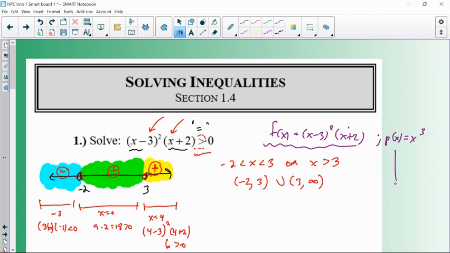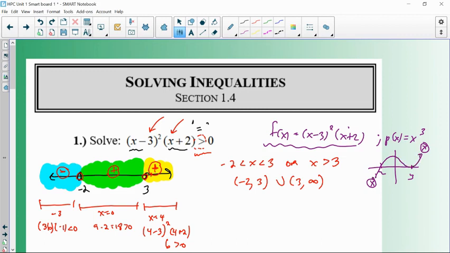That's positive, so a positive x cubed starts here and ends here. My zeros would be 3 and -2. Because 3 is even multiplicity, it's a bounce, and because -2 is odd multiplicity, it's a cross through. So my graph would look something like this.